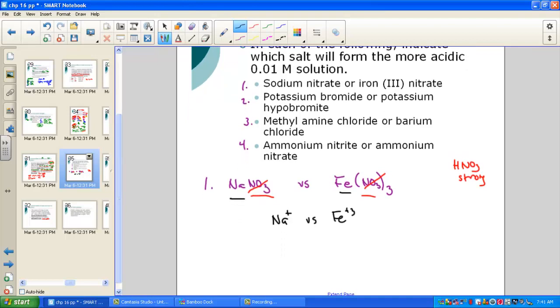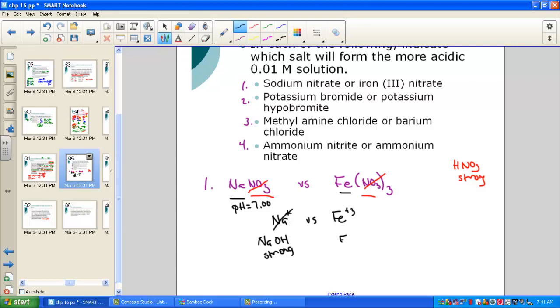So now I'm going to consider the parent base. The parent base is sodium hydroxide. It's one of those strong bases, so no effect. The pH here is exactly neutral. Both parents are strong, no effect from the salt ions, pH of 7.